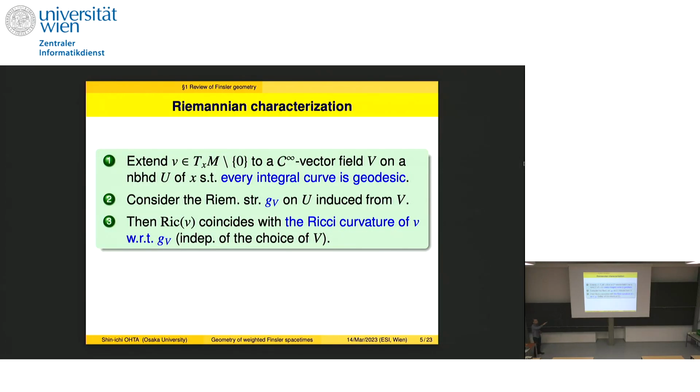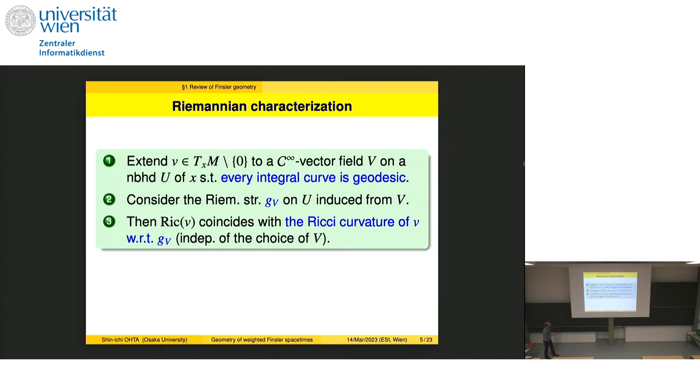So we start from some vector at point X, then we extend it to a vector field on a small neighborhood in such a way that every integral curve is geodesic. And by using this construction, we have a Riemannian structure g_V associated with this vector field V on the neighborhood.